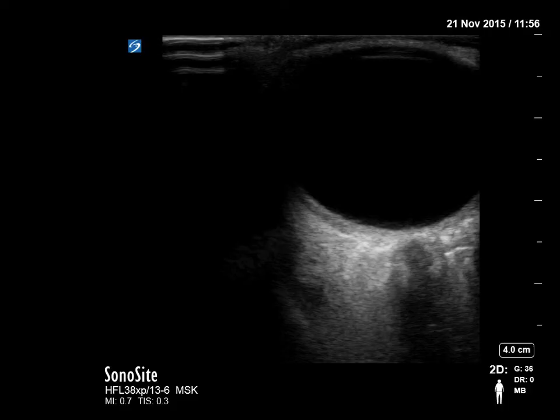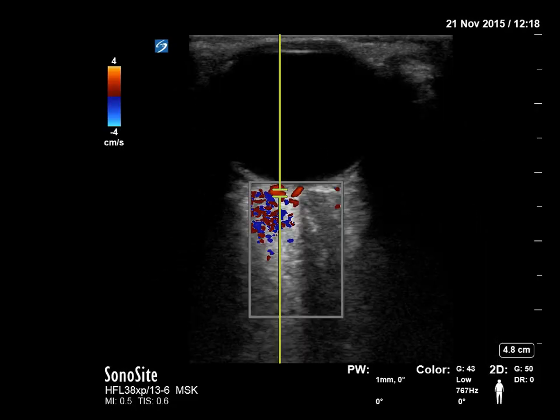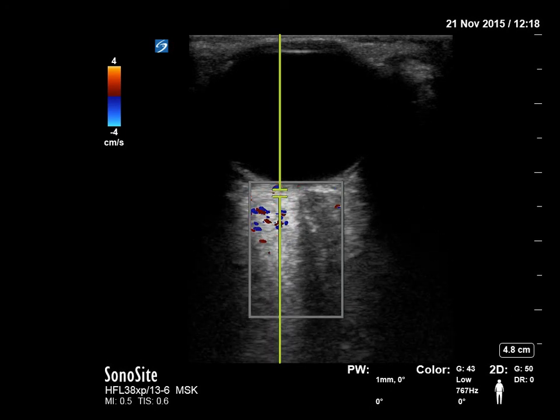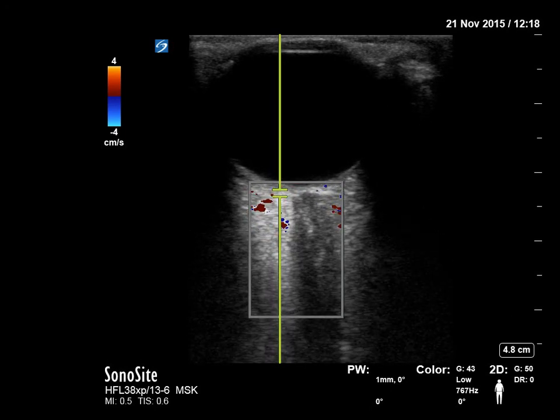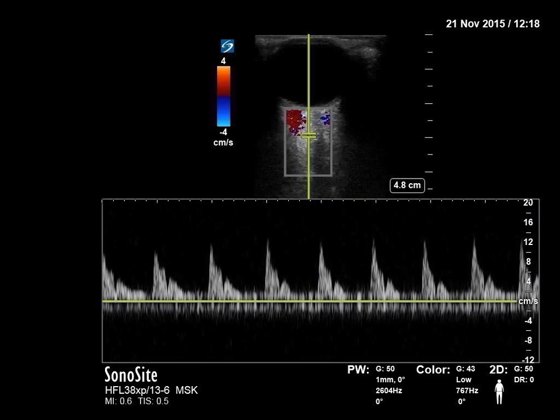Here also you can do the same TCD. Somewhere I have shown it like this. The ophthalmic artery is an intracranial structure, so blood flow in the ophthalmic artery can also give a fair idea about the blood flow inside the brain. So you get these kinds of velocities in ocular ultrasound, ocular TCD.